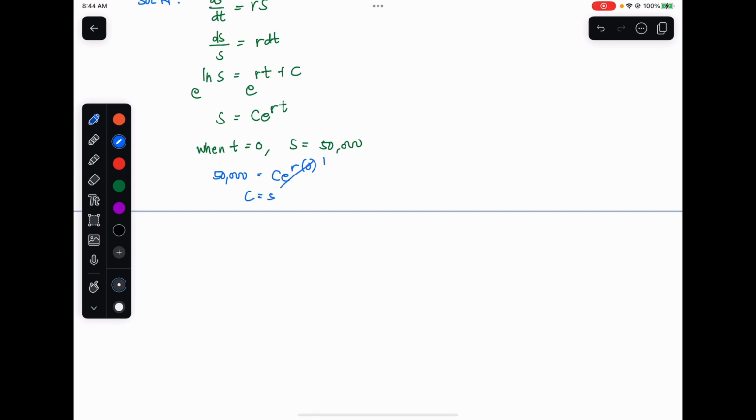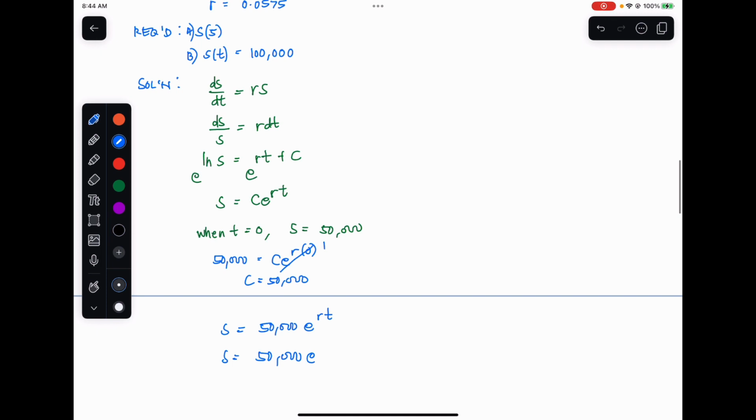Therefore C is 50,000. And thus our working equation will be s is equal to 50,000 e^(rt). Then we have our r, which is 0.0575.